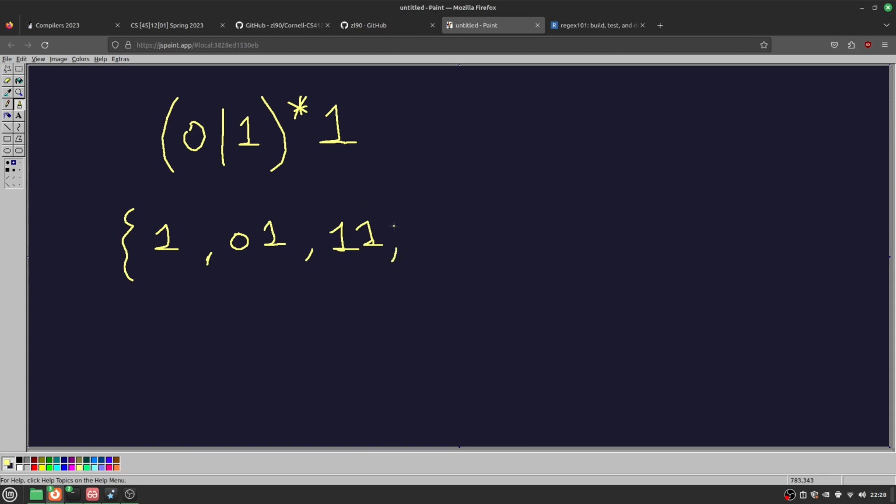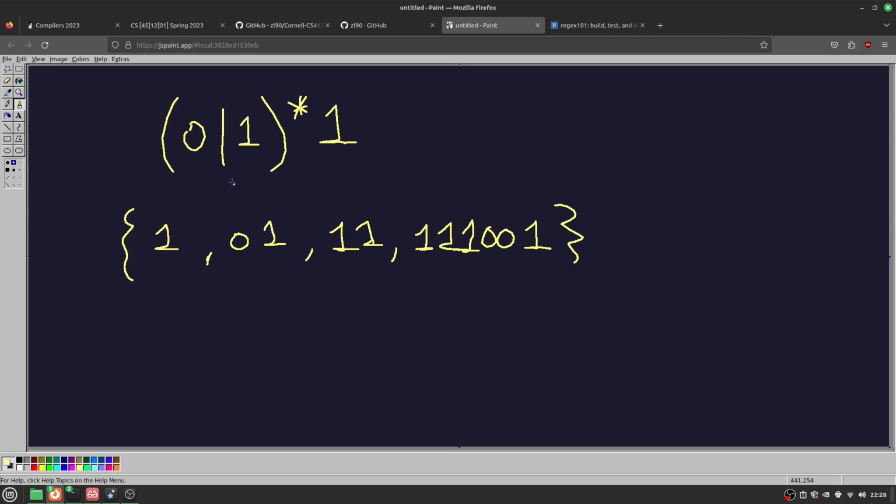And then you could have any combination of zeros and ones. Is that right? But it always has to be suffixed by a 1.